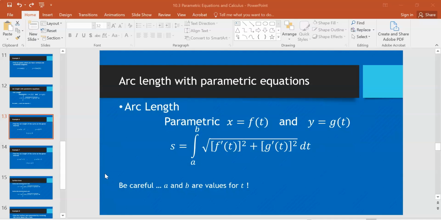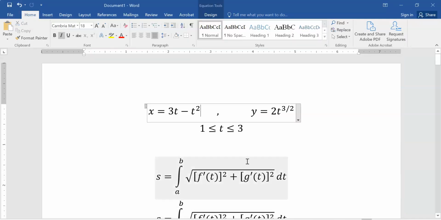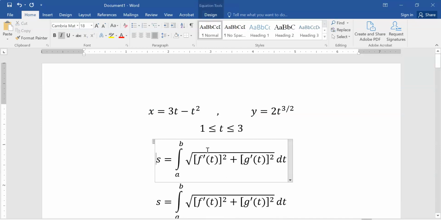All right, so hopefully you went ahead and did that. I have it set up here. We know the arc length is given by this formula, the square root of f prime of t squared plus g prime of t squared, from a to b. So what we end up doing is taking derivatives of my x function and my y function with respect to t.